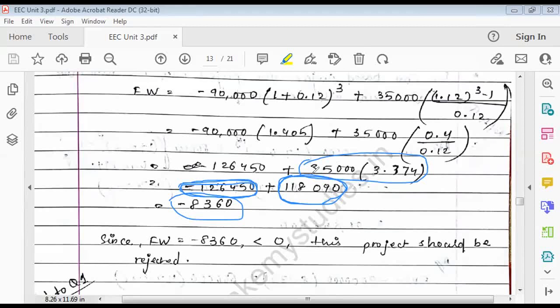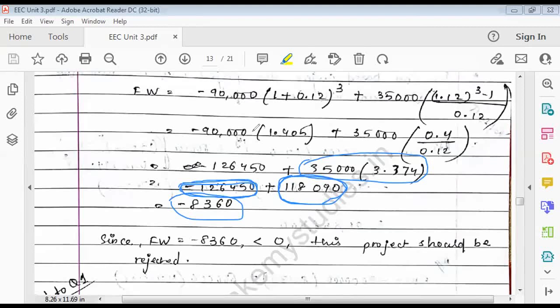Return's future value means receiving 35,000 after 1 year, receiving another 35,000 after 2 years, receiving another 35,000 after 3 years is the same as receiving 1,18,090 rupees as a single amount after 3 years if the rate of interest is 12%.